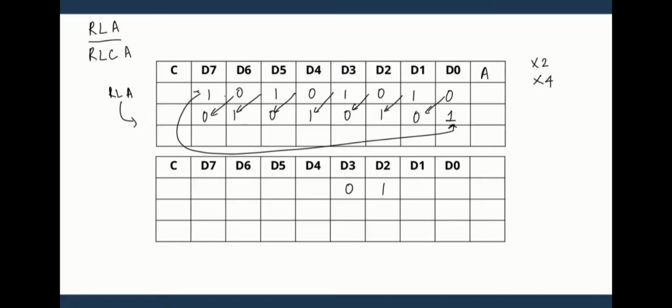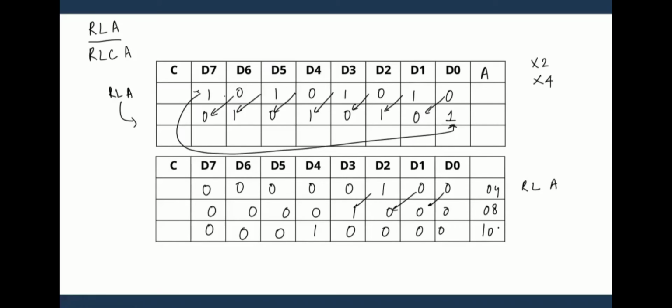For example, let the number be 04; RLA makes it 08, and if we left shift again, it becomes 10, which is hexadecimal and equivalent to 16 in decimal.